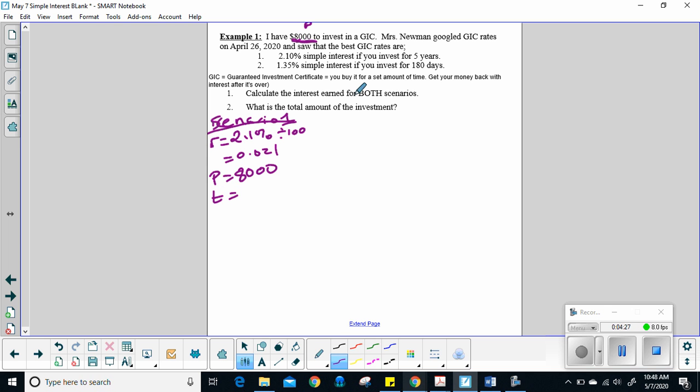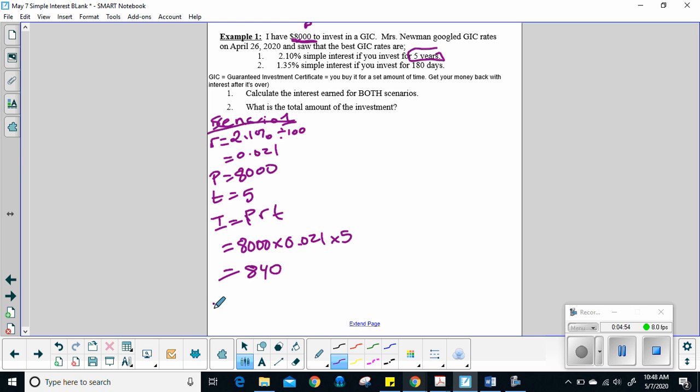And our time for this is 5 years. What's my interest? I equals PRT. So 8,000 times 0.021 times 5. Throw that in your calculator and you get $840.